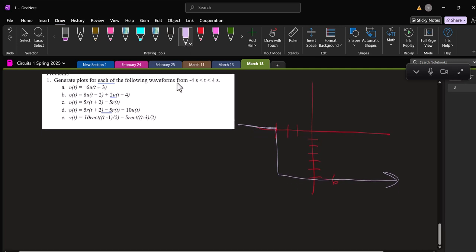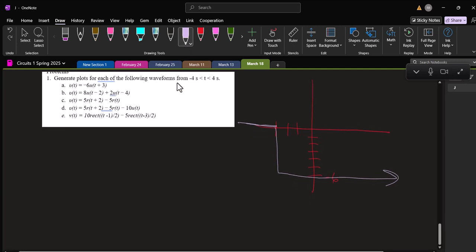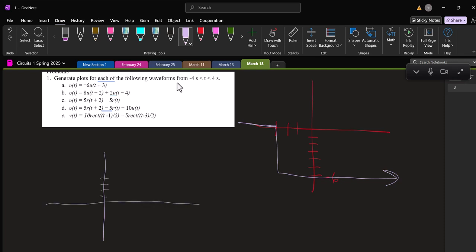Okay, this next one, we're combining two unit step functions. So I'll have 2, 4, 6, 8, 10, 12. And 1, 2, 3, 4, 5, 6.